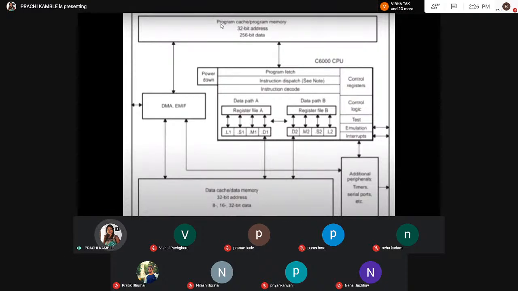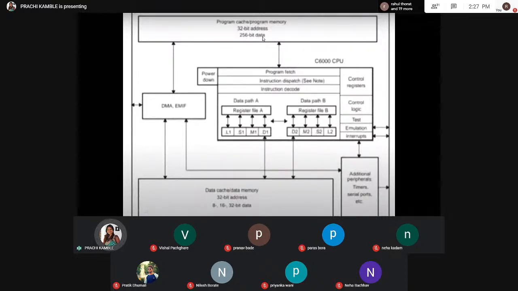Now let's look at the program memory and data memory. Here we can see it is written as program cache as well as data cache. Cache means fast access memory, easily available memory. In program memory, there are 32-bit addresses and 256-bit data.